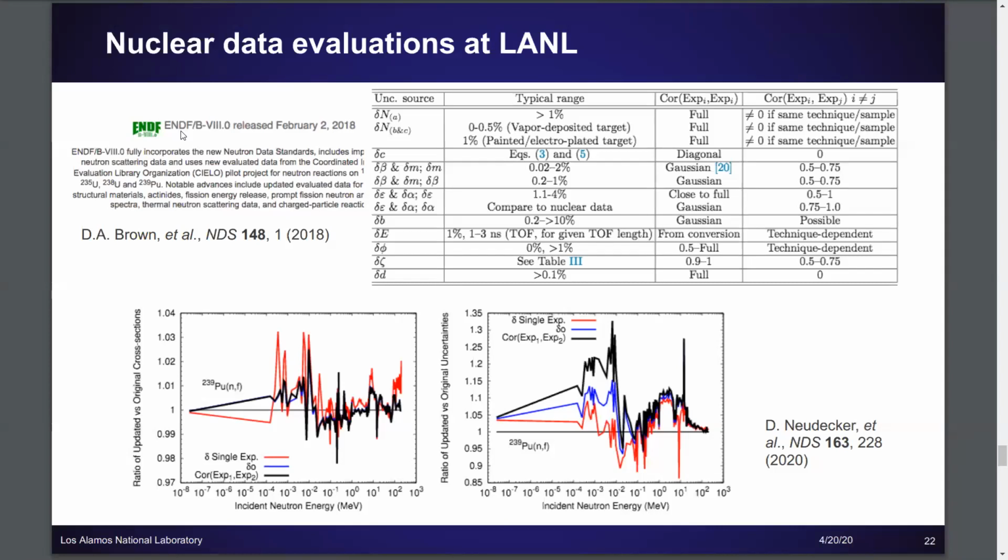And so one of the thrusts that's been happening recently, particularly spearheaded by Denise Neudecker at Los Alamos, is including good and reliable experimental uncertainties into the evaluation routines and methods. And she's been pushing really hard for templates of experimental uncertainty, where this is an example for fission cross-sections.